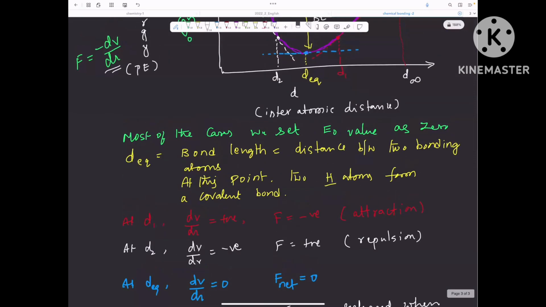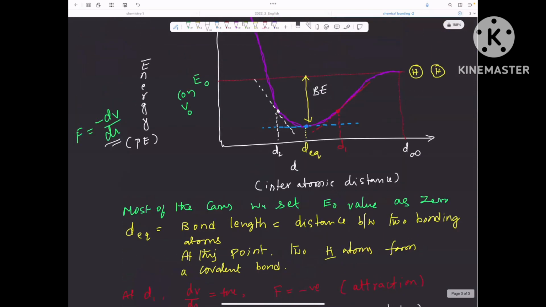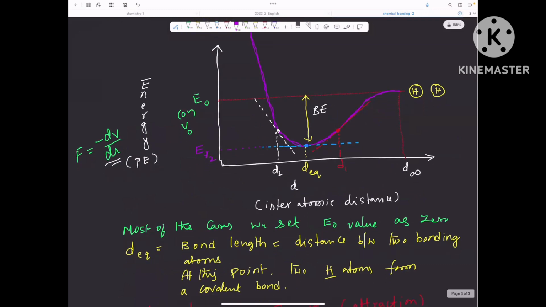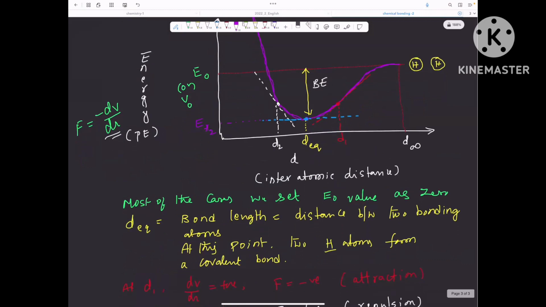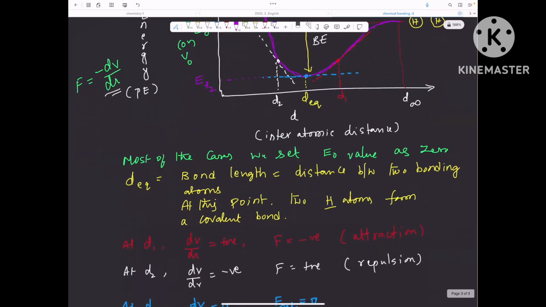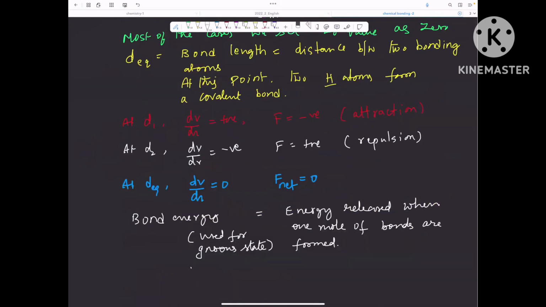Let us say this energy is, let us mark this energy as E H2, that is energy of hydrogen molecule. Then bond energy becomes equal to E naught minus E H2 molecule.